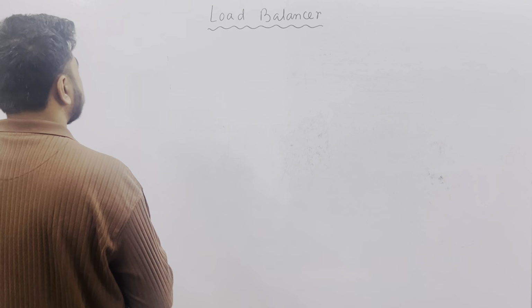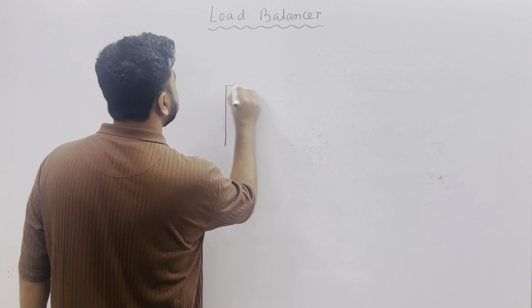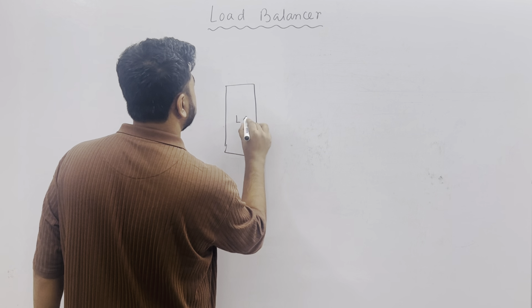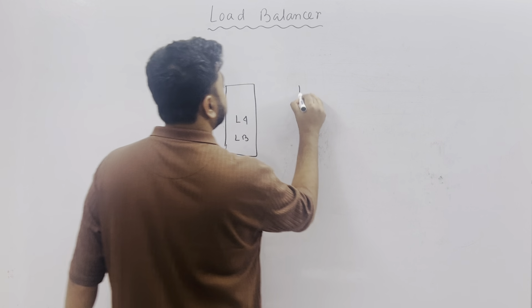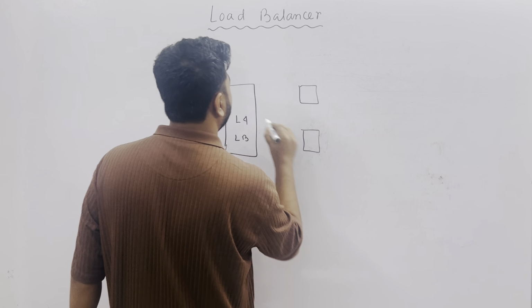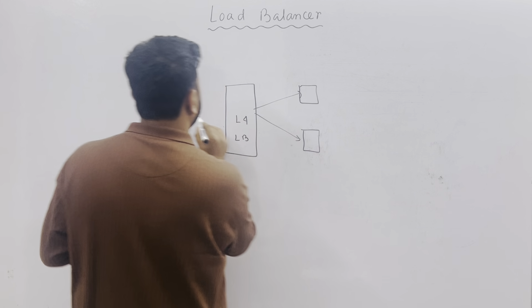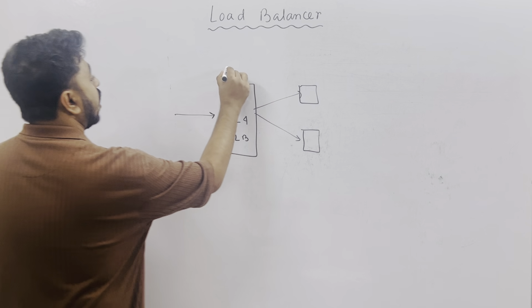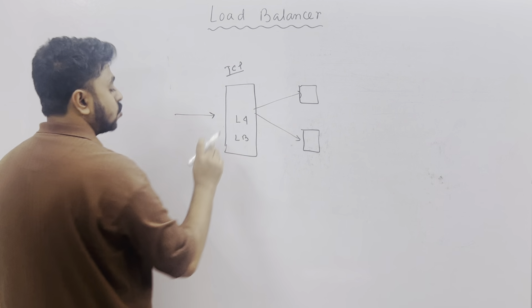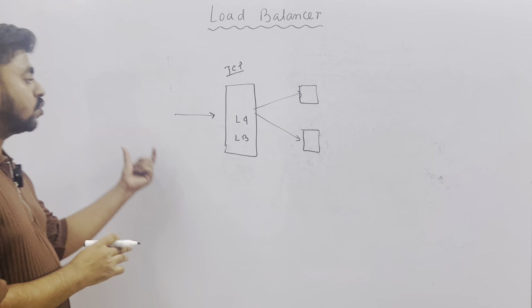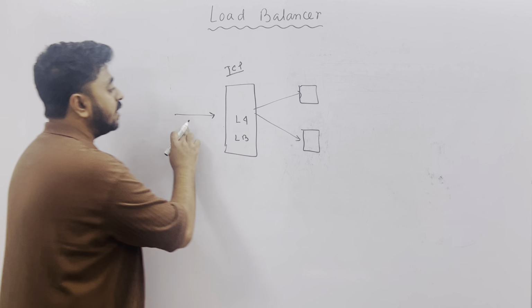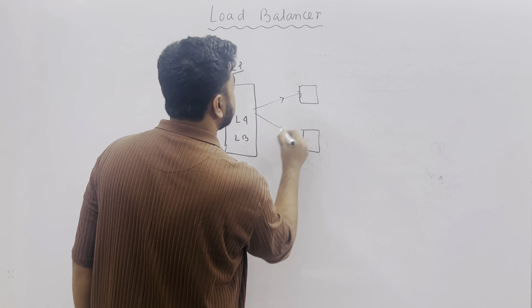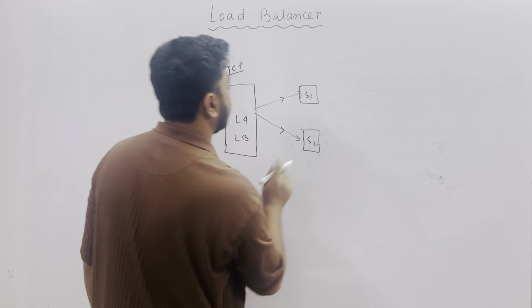Then what are the limitations of L4? So, this is your L4 load balancer. Suppose you are distributing load between two particular servers. The L4 load balancer works on TCP, so it just checks the source and destination IP address, and it redirects your request to subsequent servers.